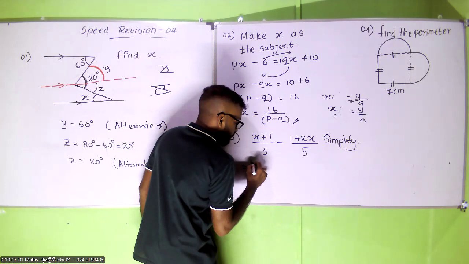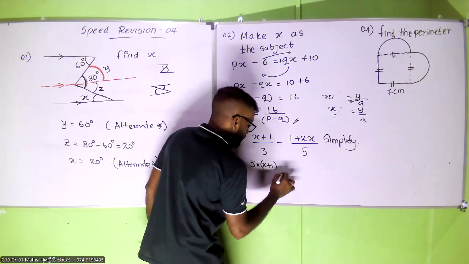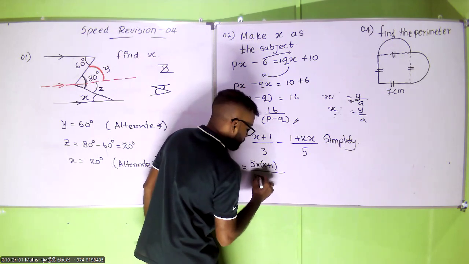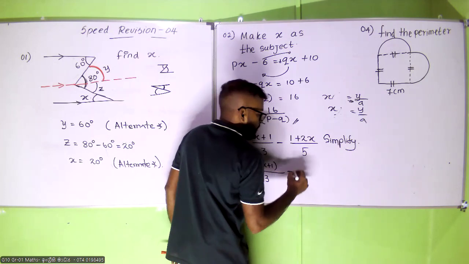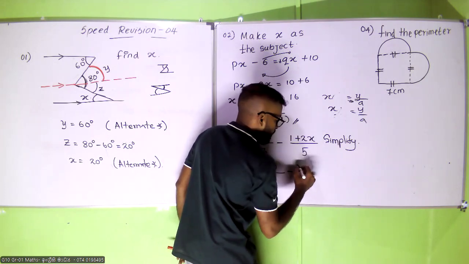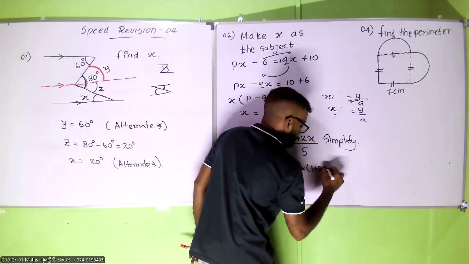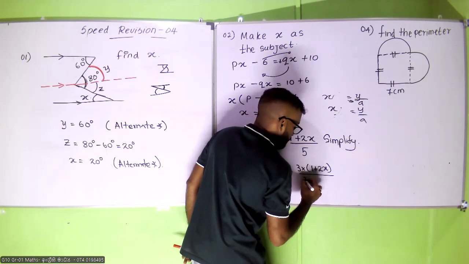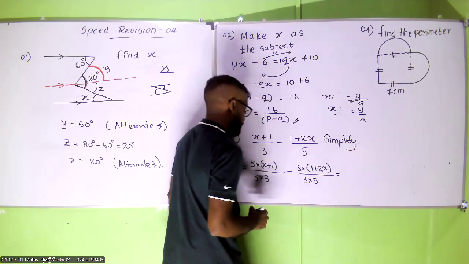So for that, I am going to multiply both numerator and the denominator of this fraction by 5, minus, here you have 1 plus 2x. So I am going to multiply both numerator and denominator by 3 in order to get 15. So equal mark.